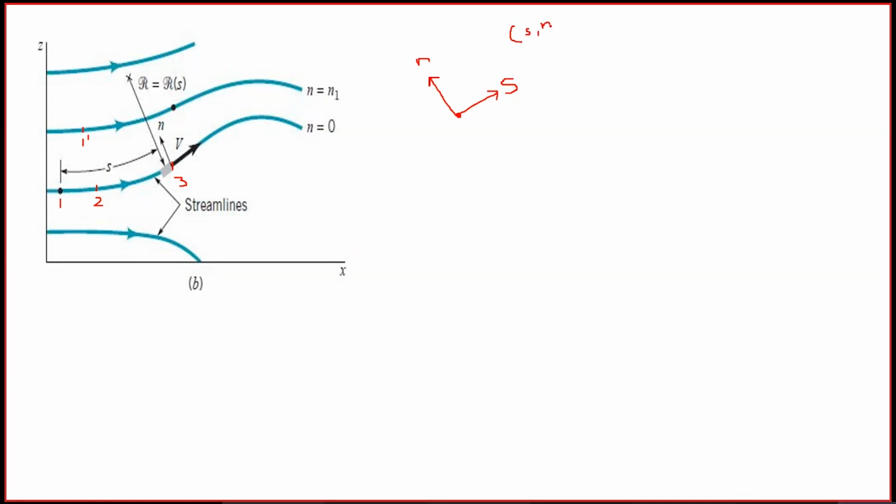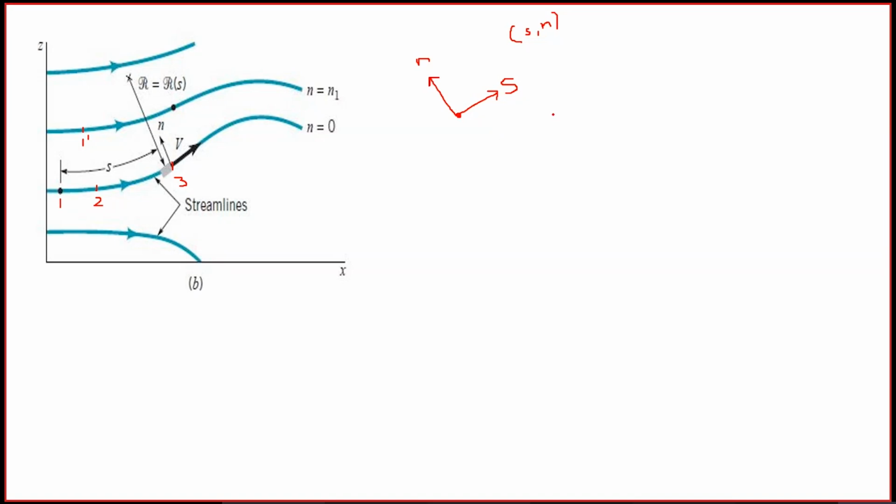S is parallel to the streamline and N is normal to the streamline. Whatever happens, if the position is changing, this S will account for that. And if the streamline is changing, the normal component will account for that as well. So is it clear the use of the new coordinate system? Yes, sir. Just to simplify our problem.